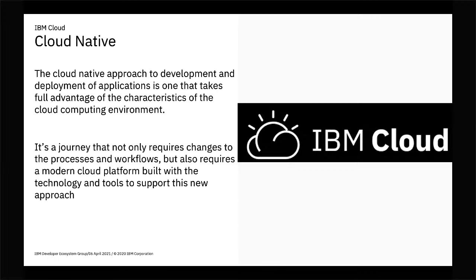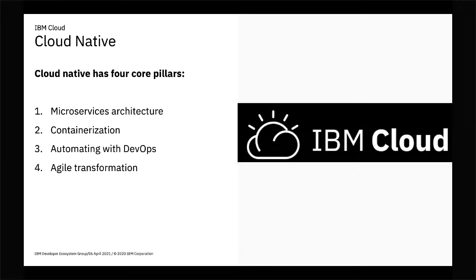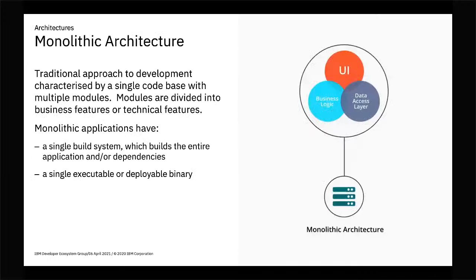Now, what are the four pillars that cloud native is built upon? These are the four important pillars which come up when we talk about cloud native, right? So the first one, of course, is the famous microservices architecture, and we're going to talk about these topics briefly shortly. So let's talk about microservices and why microservices architecture is important.